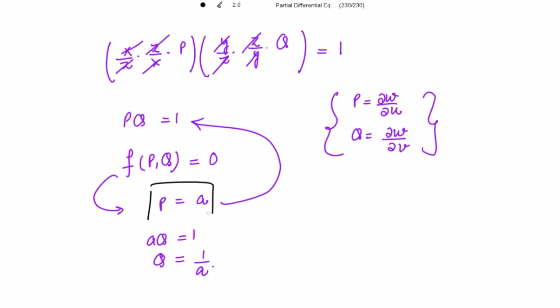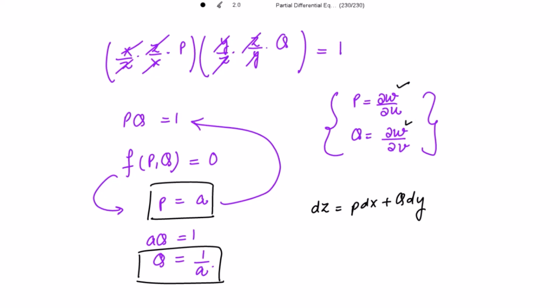So we have got both the values of P and Q, and now we need to use dz equal to p dx plus q dy. Because we have involved w over here, instead of dz we must write dw, and it is P du plus Q dv.